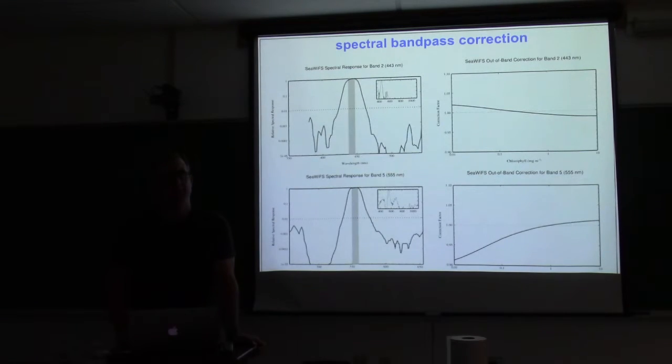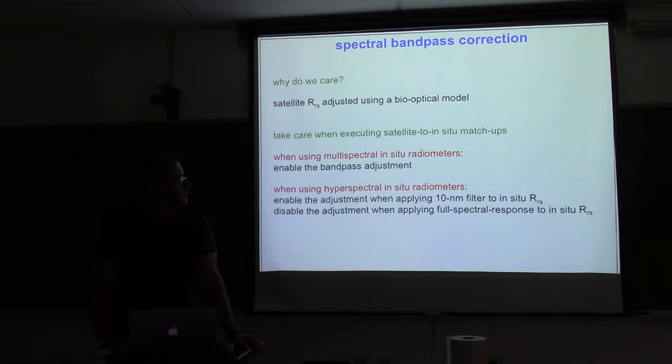So Ken, you're saying that, like in the old Gordon paper where he talks about this out-of-band response, he says if it's lambda to the -4th you're going to get one answer, and if it's something else you get another answer, because the out-of-band response depends on the wavelength dependence of the signal you're looking at. Yep.